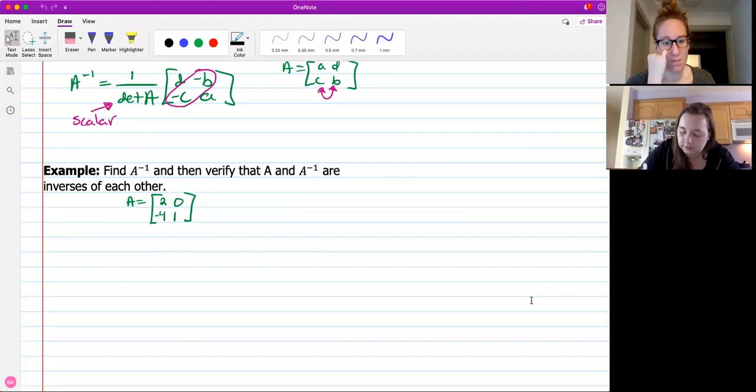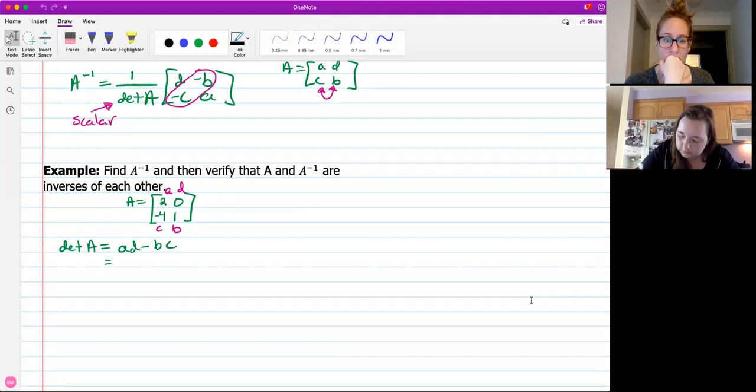So the determinant of A is equal to AD minus BC. So we have AD, C, and B, just so we can keep things straight. So we have 2, 0, minus negative 4 times 1.